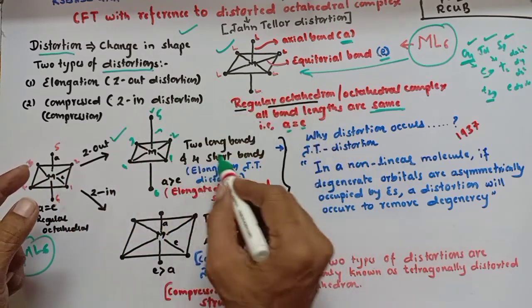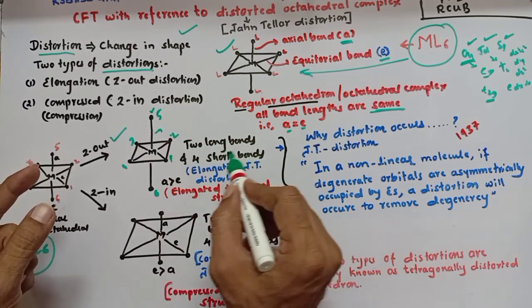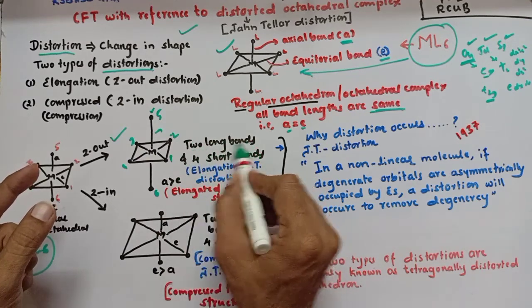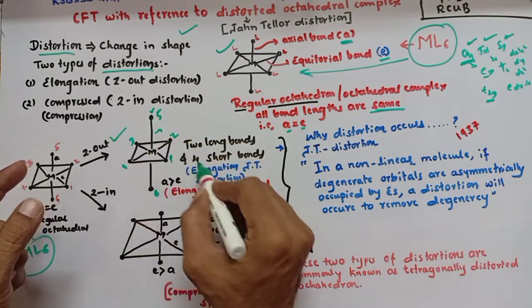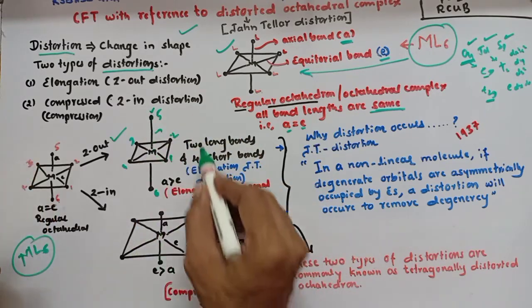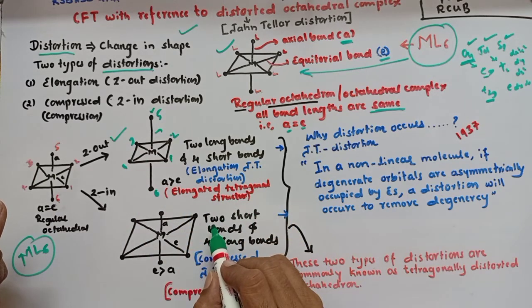So in Z-out distortion, the resulting complex definitely contains 2 long bonds, that means these 2 elongated bonds, and 4 short bonds. This is also known as an elongated tetragonal structure.